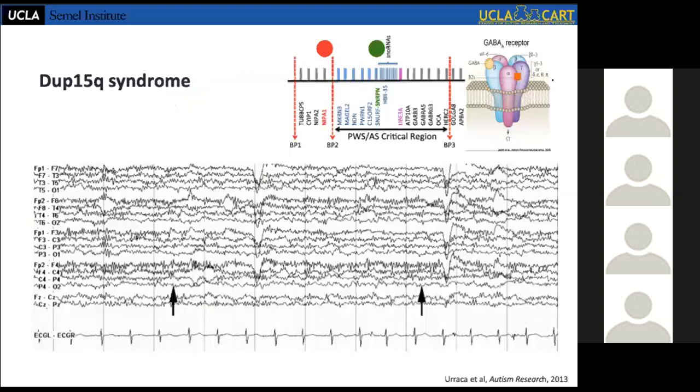So going back to Dup15q syndrome, what's pretty interesting is, and I'll be honest, it's part of the reason we got interested in this condition to begin with, that there were some clinical reports that noted that these kids had, on clinical EEGs, like the ones done to monitor for epilepsy, some differences on their EEG.